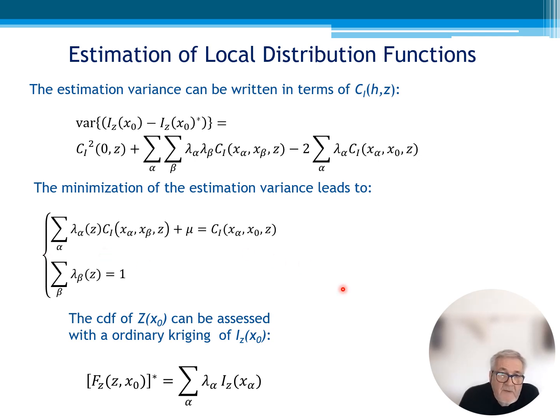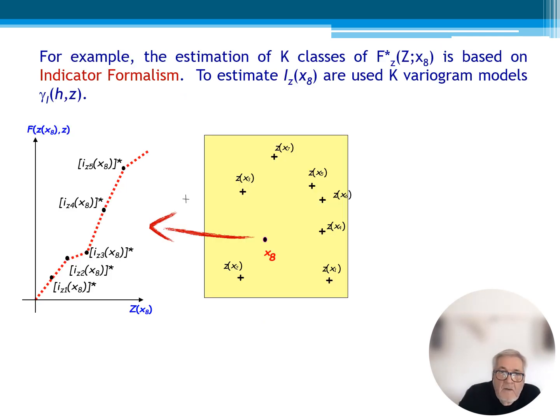So in short, the CDF of the original variable at location x0 can be assessed with the ordinary kriging of the indicator. This is an example.